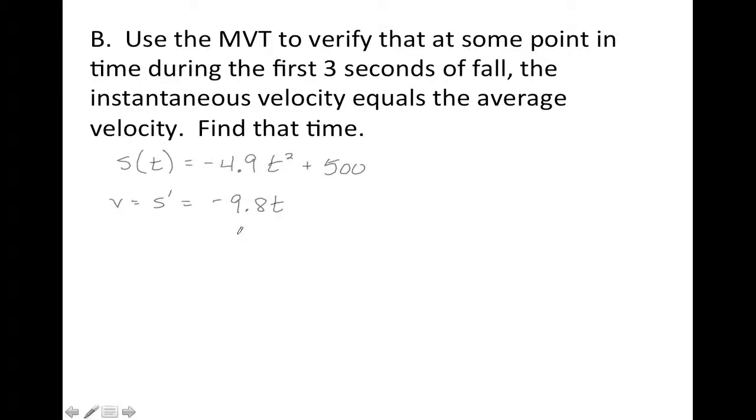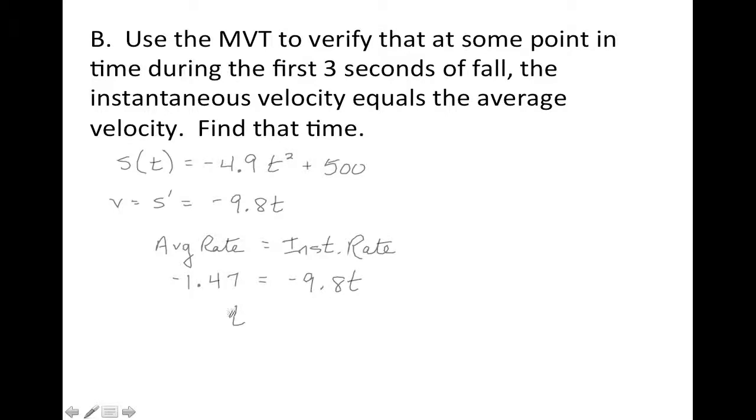So what the mean value theorem says is that someplace the average rate of change, that's the negative 1.47 that we calculated before, is somewhere going to equal the instantaneous rate of change. So all we do is simply set that equal to the derivative we found.